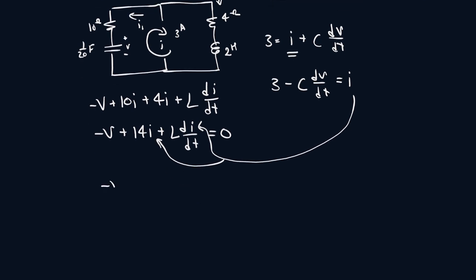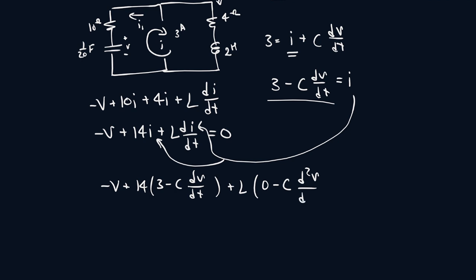So it'll be minus V plus 14 times (3 minus C dV over dt) plus L times the derivative of this. So it will be 0 minus C d squared V over dt squared.